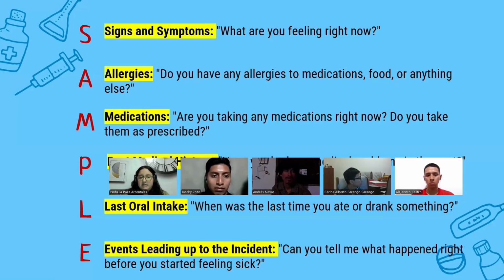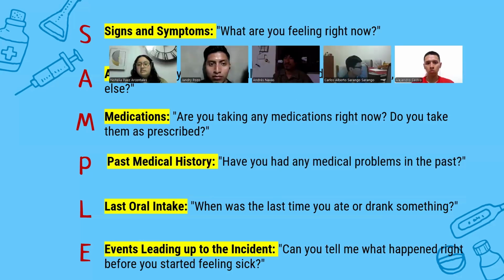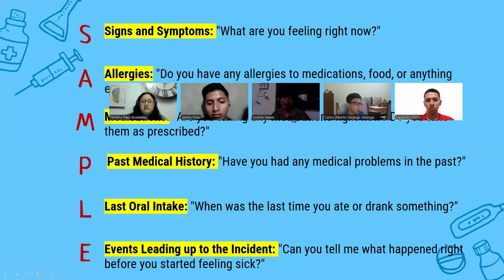Are you taking any medications right now? Because sometimes medications can cause other effects that the patient was not expecting. For P, past medical history. Have you had any medical problems in the past? This can also influence the way that we as paramedics treat our patients.